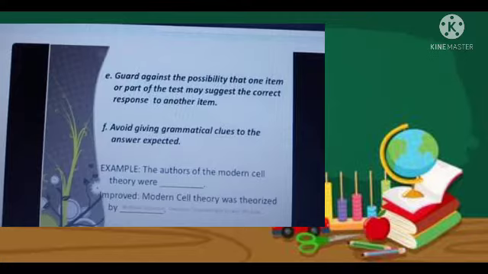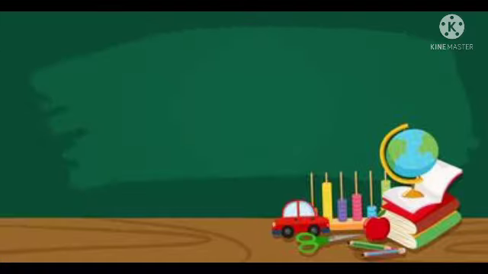Letter E. Guard against the possibility that one item or part of the test may suggest the correct response to another item. Letter F. Avoid giving grammatical clues to the answer. "The authors of the modern cell theory were blank." That was wrong. Improve your sentence like "Modern cell theory was theorized by blank."